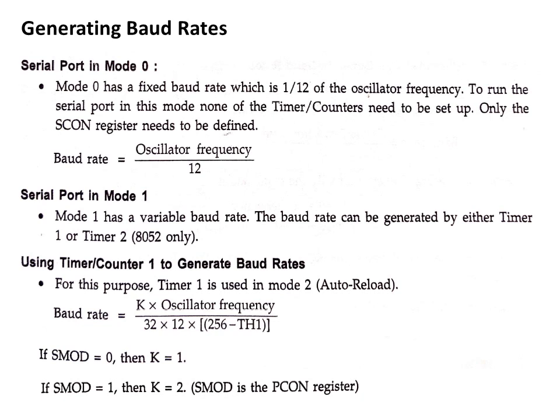The one important observation we can make here is, if SMOD is 1, then k is equal to 2. So that means if the SMOD bit of the PCON register is set by the program, then the baud rate doubles. This is a very important observation.